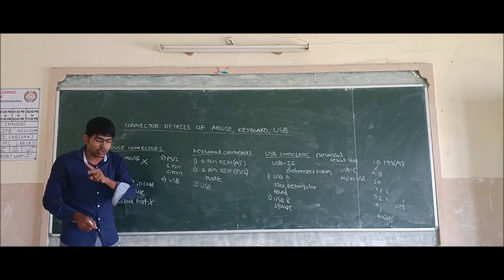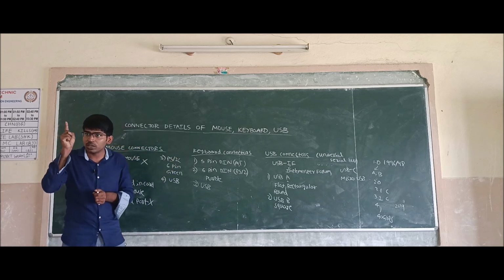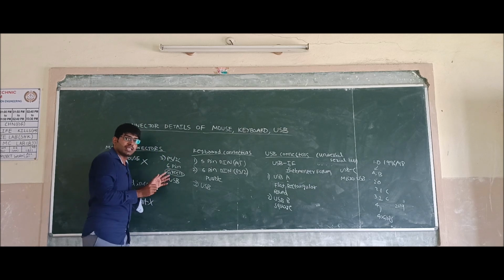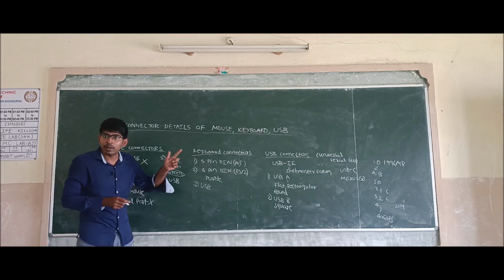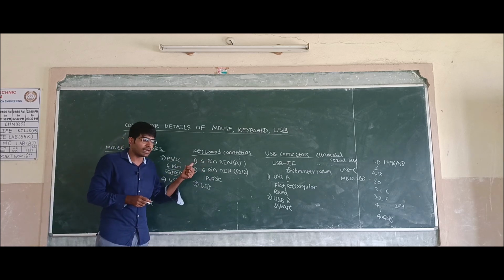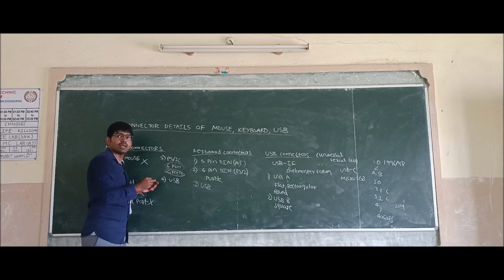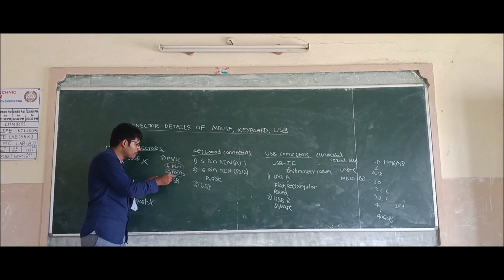The number 2 in PS2 indicates that one port is used for the keyboard and one port for the mouse. We differentiate them by color: purple for the keyboard and green for the mouse, though the two ports are the same. This is a 6-pin connector, and PS2 was replaced by USB.